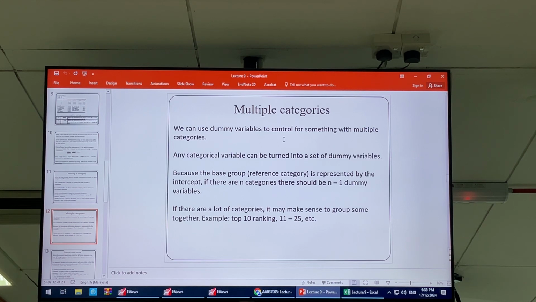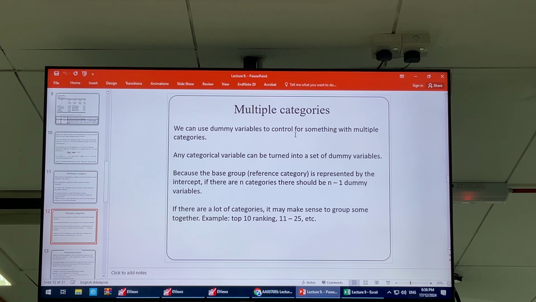Okay, so just now I mentioned that if we have a variable representing the highest education level, let's say I have 3 categories: primary school, secondary school, tertiary education. So you have three groups, and you can create that variable as well. Because we have 3 categories, although we can create 3 dummy variables, when you estimate the model we just include 2.